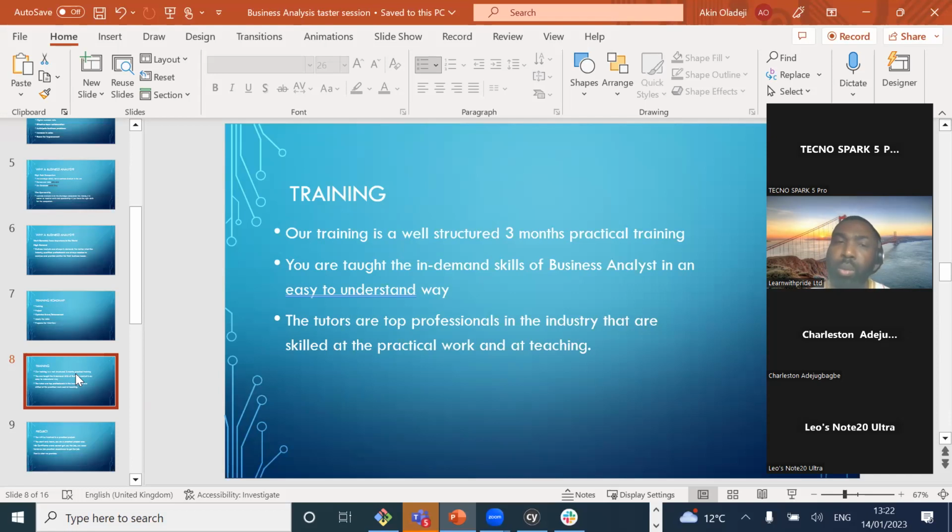So the training will be 4 to 5 weeks, twice a week. And the remaining 2 months will be you working on a live project with other team members. And so that will be the training path, right? And the tutor or the facilitator that will be taking you on the journey has many years of experience working as a business analyst.